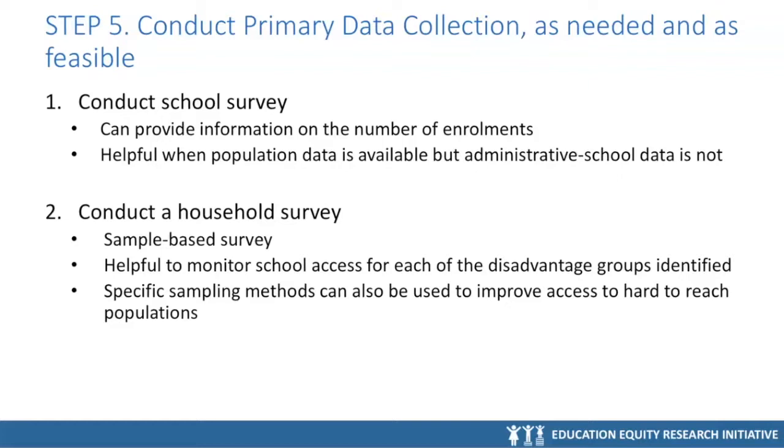Where data is not at all available or not reliable, projects may want to conduct a household survey, which are sample-based surveys that survey a cross-section of the population. There are specific sampling methods that we cover a little bit that can be applied to improve access to hard-to-reach populations, which is often the case with the populations that we identify as vulnerable and marginalized. And this method can be extremely helpful to monitor school access for the disadvantaged groups that were identified in the earlier sub-step.